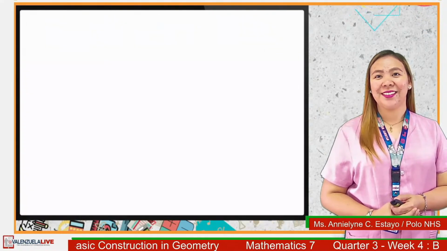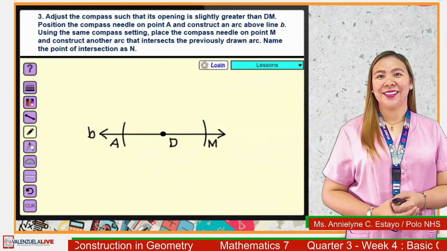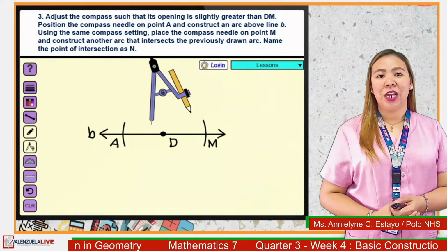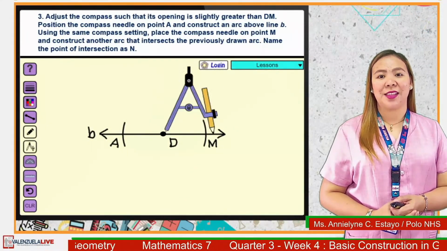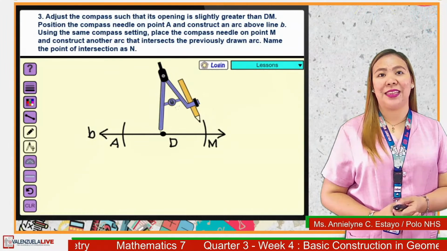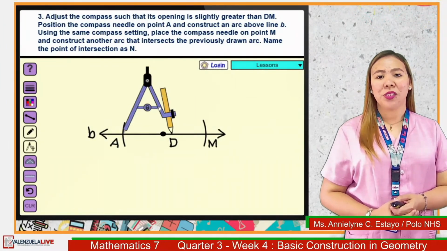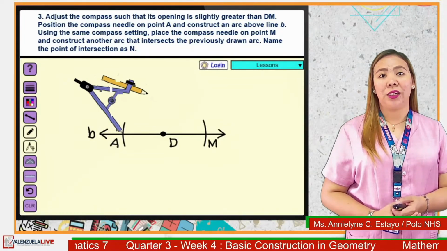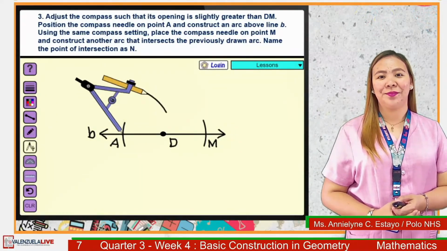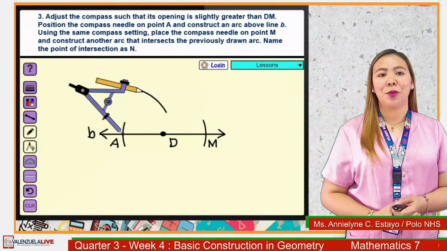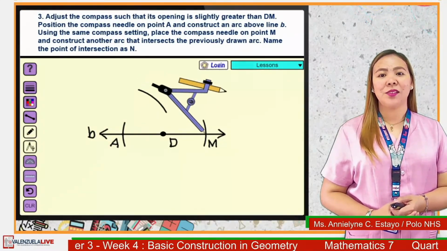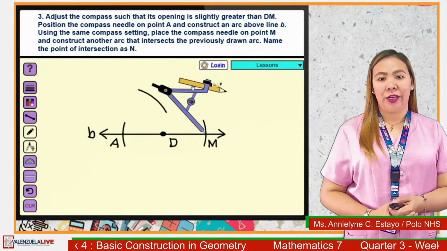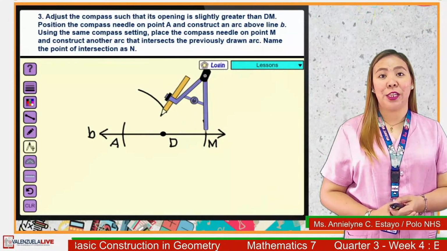Next, adjust the compass such that its opening is slightly greater than segment DM. Position the compass needle on point A and draw an arc above line B. Using the same compass opening, place the compass needle on point M and draw another arc that intersects the previously drawn arc.